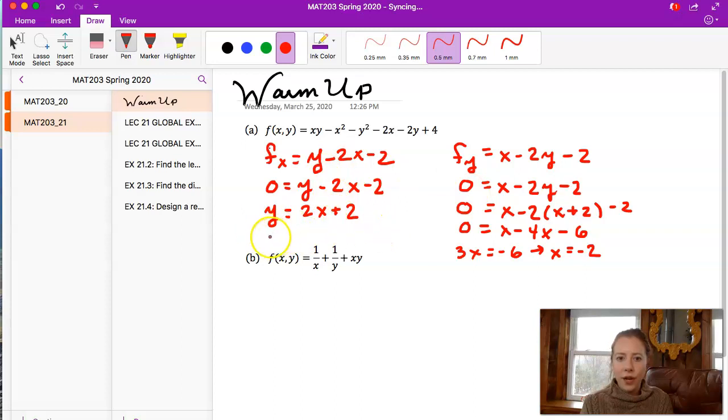We have y is equal to 2 times minus 2 plus 2, which gives us minus 4 plus 2, which is also minus 2. So our critical point is going to be minus 2, minus 2. Okay, so that's our first one.